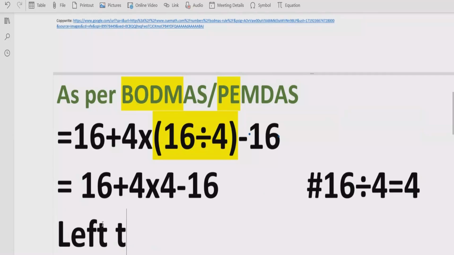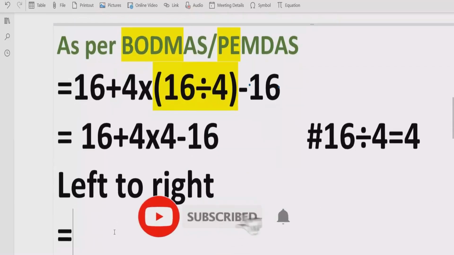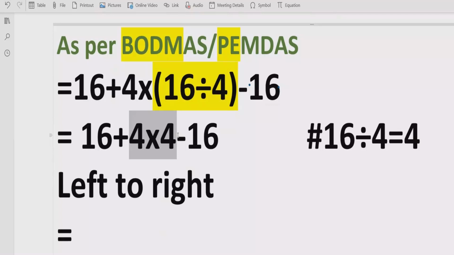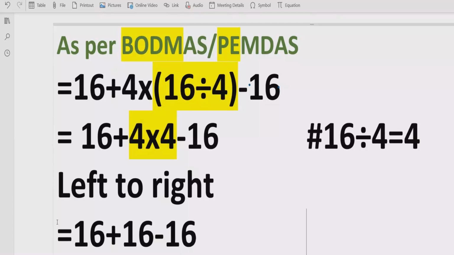So we will go left to right in our expression and see which is coming first. This is 4 multiplied by 4, so we will solve this one. 16 plus 4 multiplied by 4 becomes 16 plus 16, minus 16. And here we give the reference: 4 multiplied by 4 equals 16.